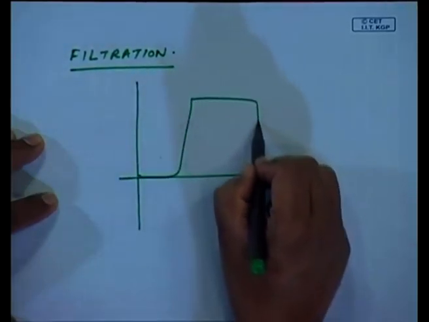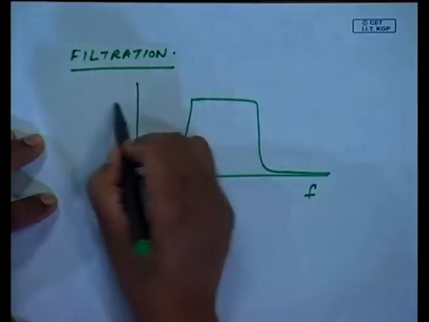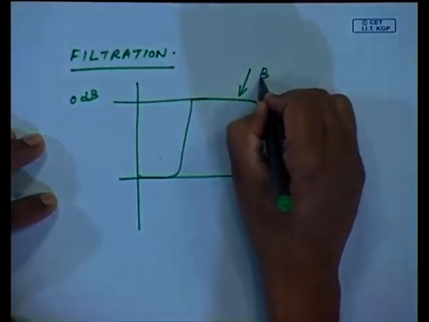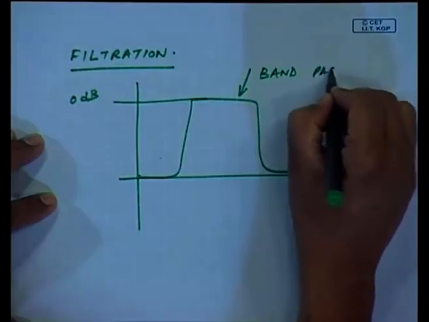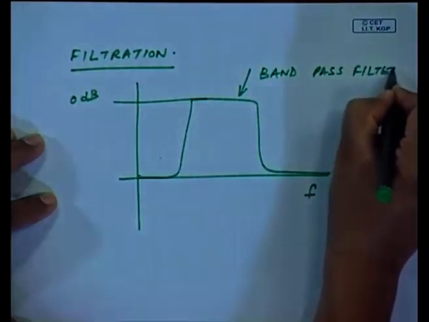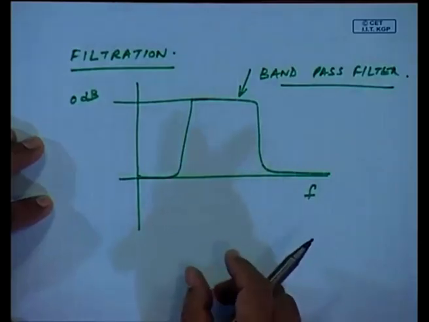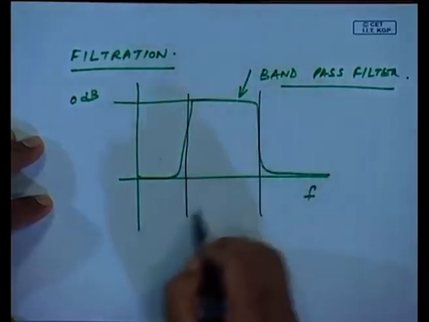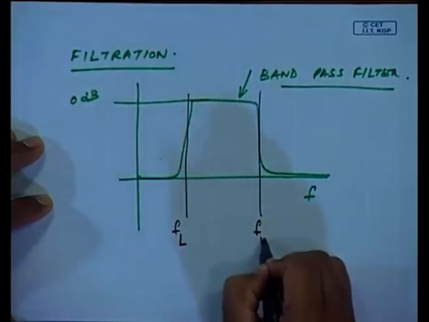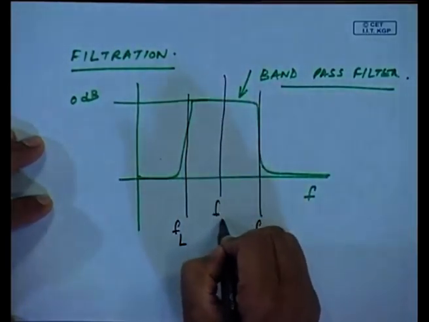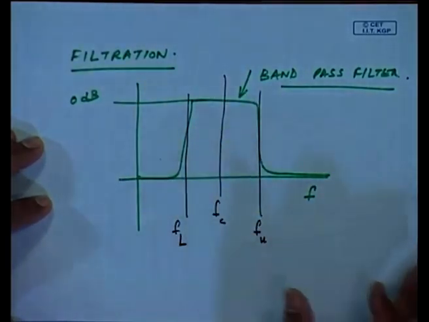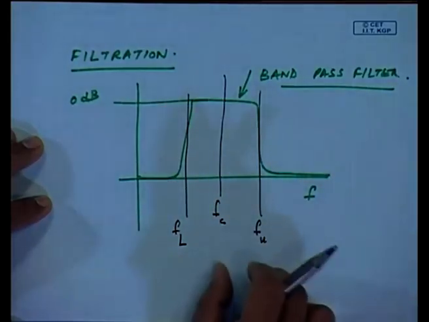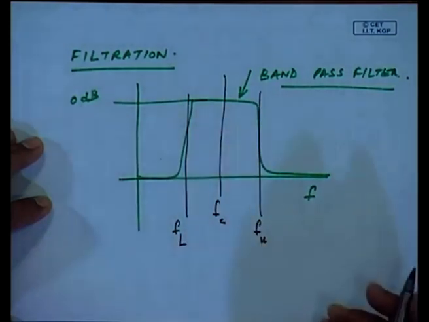If I know my signal is in this band, I can put a band pass filter. So, it is going to eliminate the noise in the bands which are not of interest. So, this is my F lower and F upper, and this will have a center frequency F C. Depending on your understanding of filters, whether it is an octave filter, 1/3 octave filter, a linear band pass filter, we can decide on this, or whether it is a notch filter.